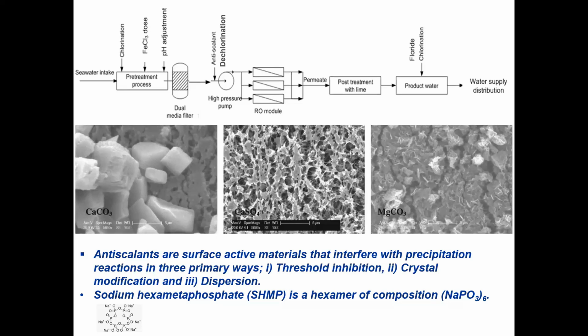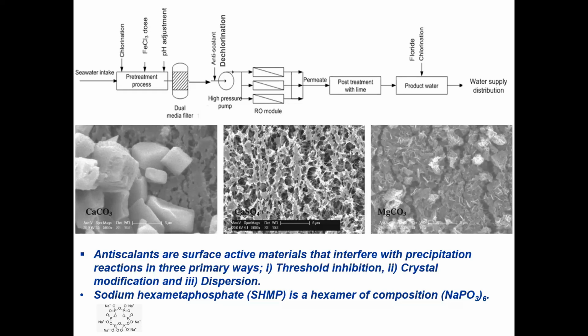So we decide what kind of anti-scalant to use. But not many people have an idea how much concentration we have to add. It depends on the water solubility. Many of you don't have a water chemistry background, right? So we utilize the WAVE software.